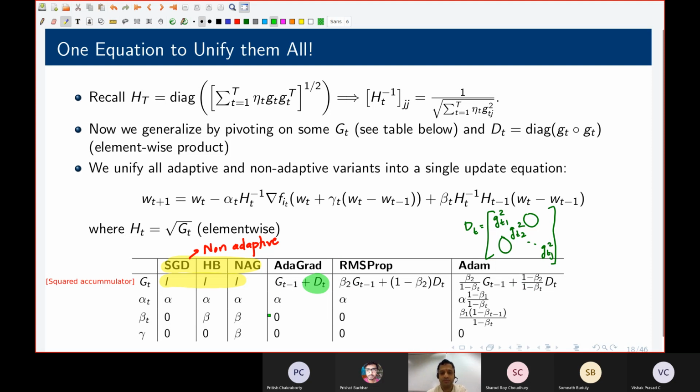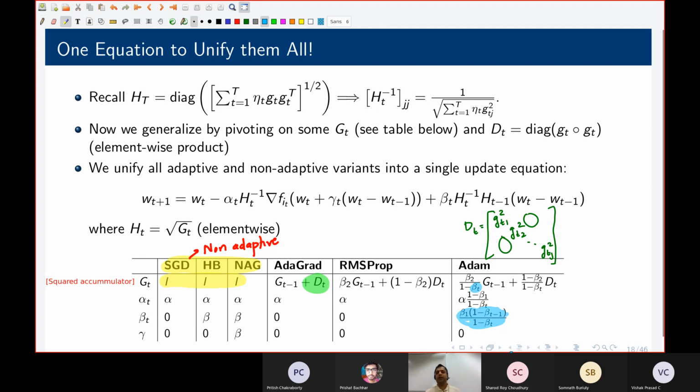So this beta_t itself has a rho here. In the case of SGD, HB, and NAG, these are all constants, either zero or some constant value beta. AdaGrad and RMSProp are zero, but there's this value of beta_t, which is consequential mainly for Adam and is listed here.